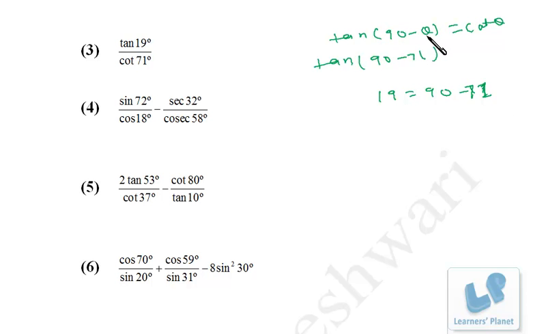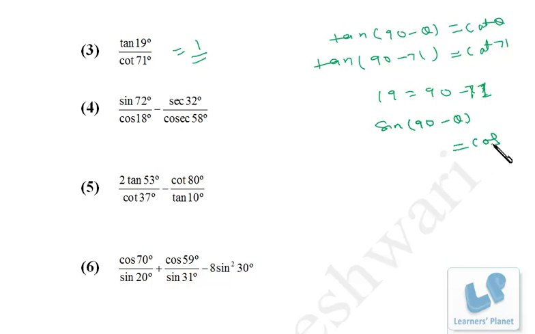Right? Now tan 90 minus theta is cot theta. Here theta is 71. So tan 90 minus 71 will be cot 71. Now this is cot 71 by cot 71, that's 1. Right? So the problem becomes very simple if you change theta to 90 minus theta, right? Or convert, right?